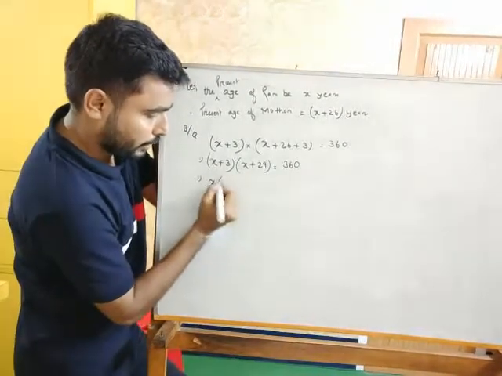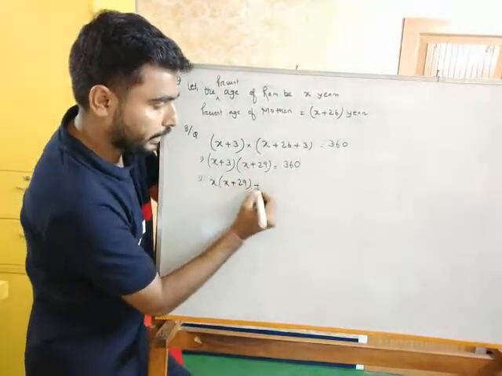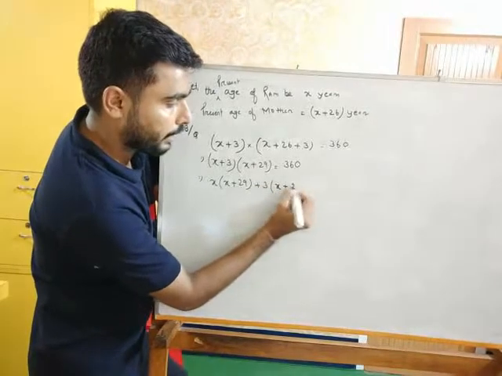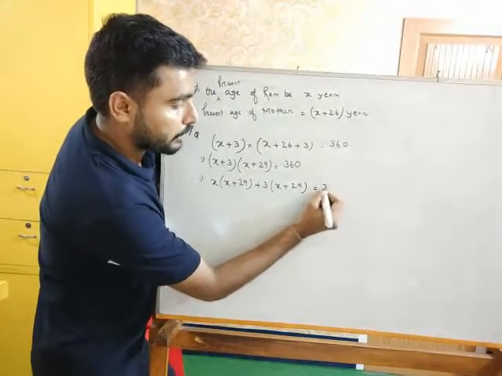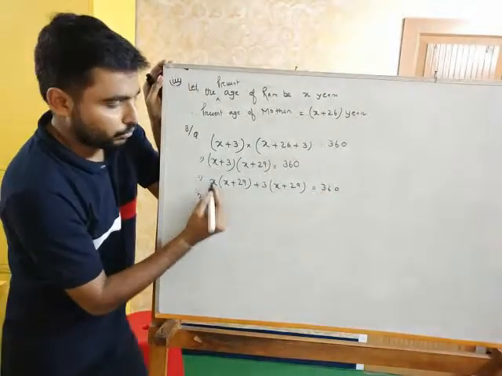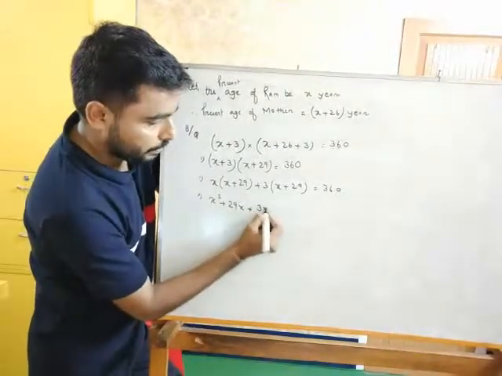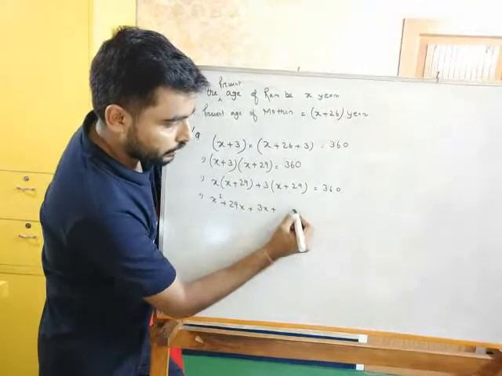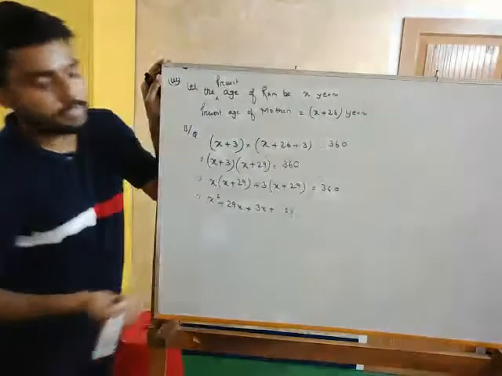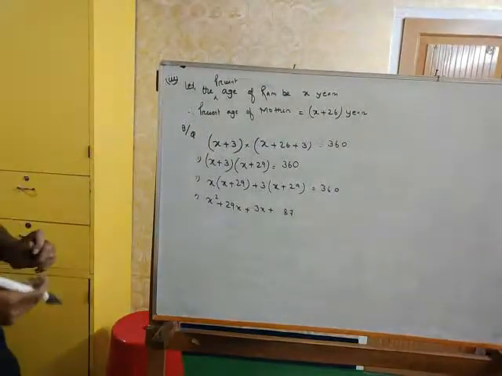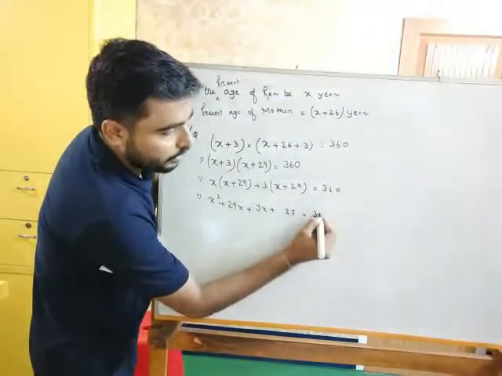So x will be multiplied by x plus 29 and plus 3 will be multiplied by x plus 29, is equal to 360. So x into x is x square, 29x plus 3x plus 87, because 29 into 3 will give you 87, is equal to 360.